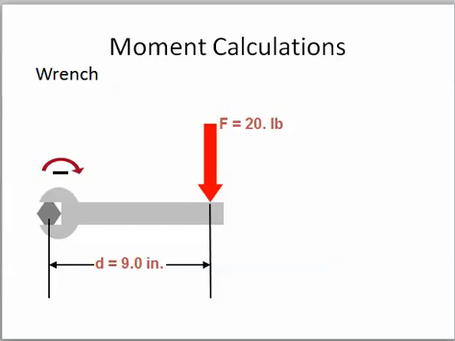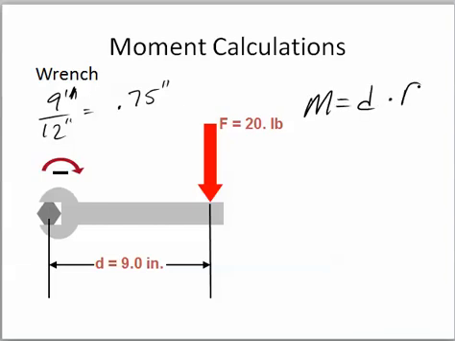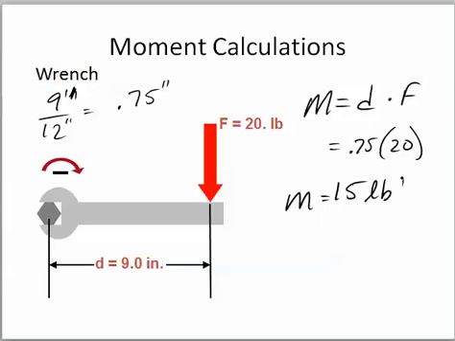So one of the first things I'm going to do is say 9 inches divided by 12 inches, and that's 0.75 feet. So when I go into my moment equation, distance times force, the distance is 0.75 and the force is 20. So my moment here is 3/4 of 20, and my moment is 15 foot-pounds per foot.